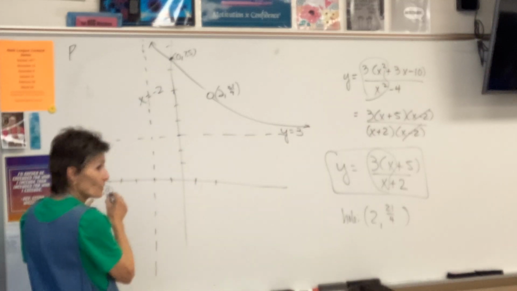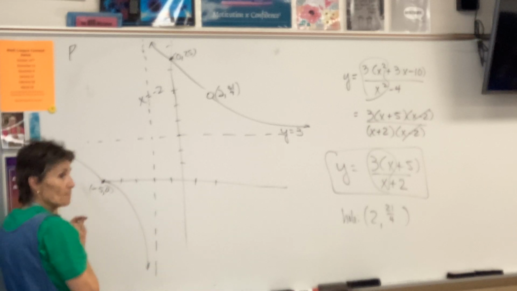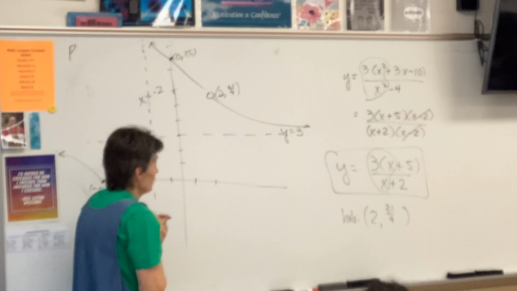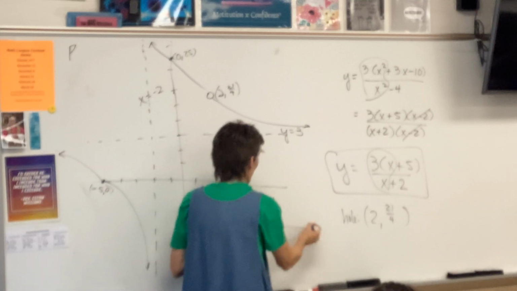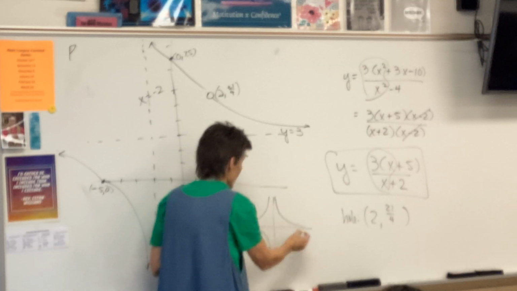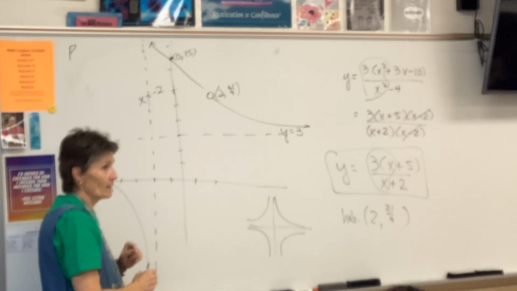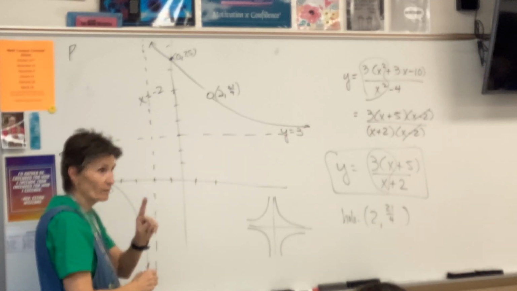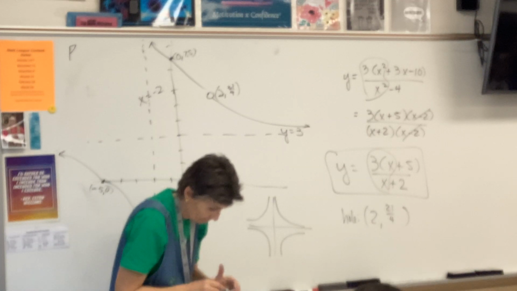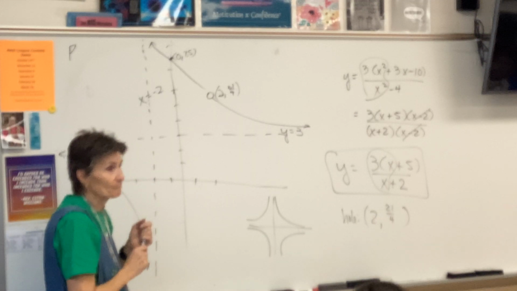And then remember, you've got this guy down here. Your picture is always going to have this shape or this shape, always, when there's one vertical asymptote. We okay with that?